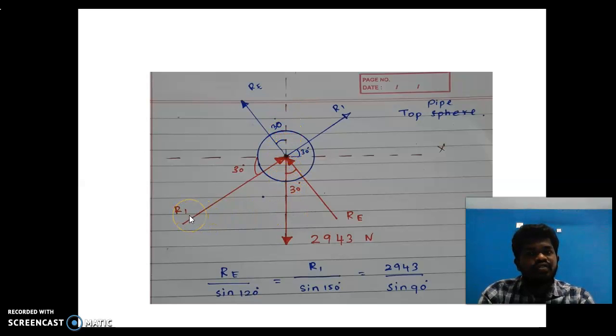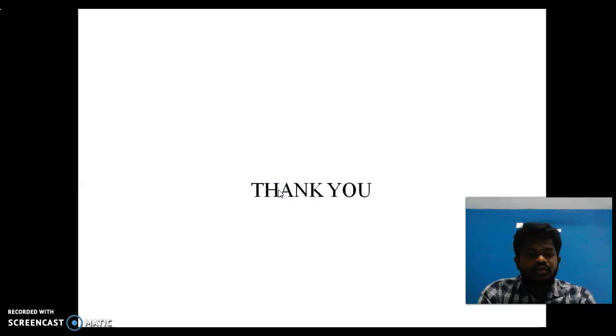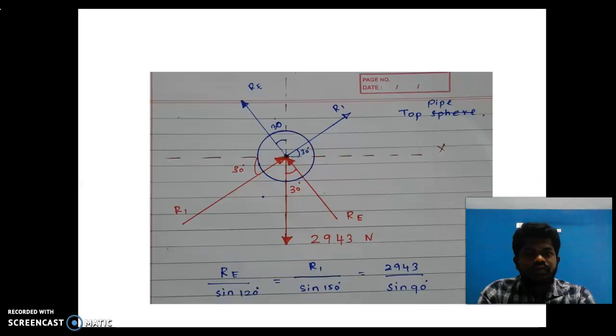R1 is the reaction force applied by pipe A. The line of action of R1 is parallel to one of the V groove surfaces. The V groove surface is inclined at 30 degrees to the horizontal surface, so we use basic trigonometry to find the 30 degrees. And for RE, we use the previous trigonometry to find the angle of 30 degrees.